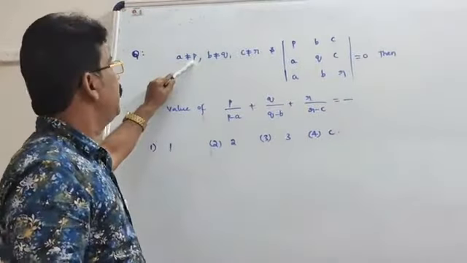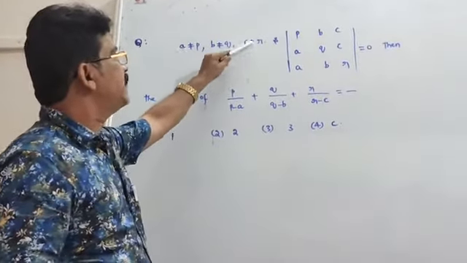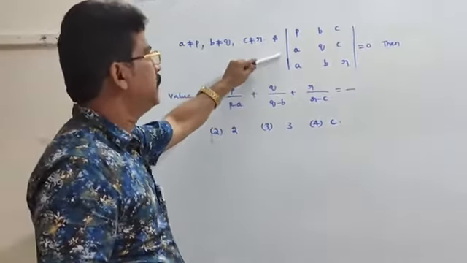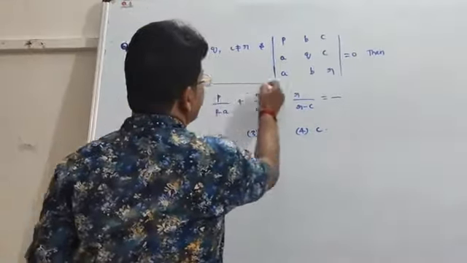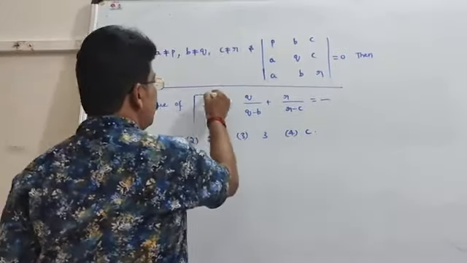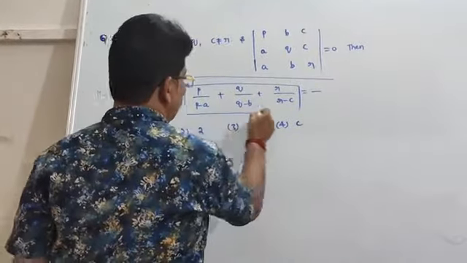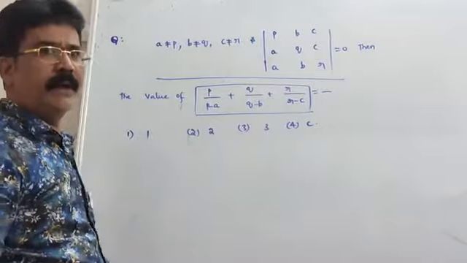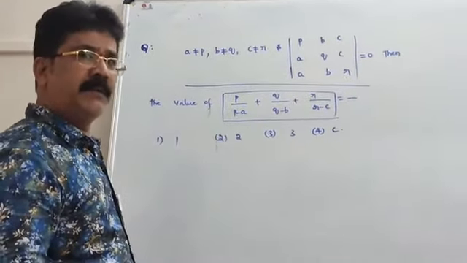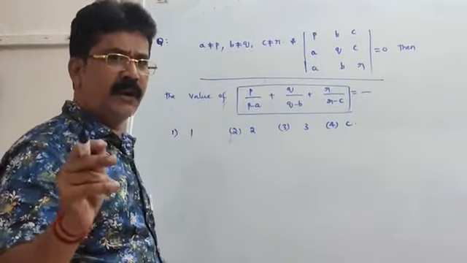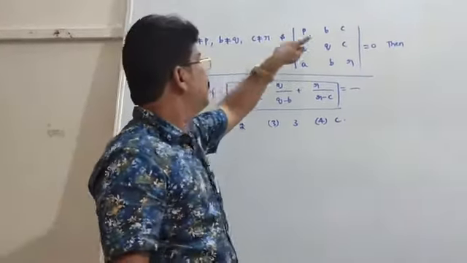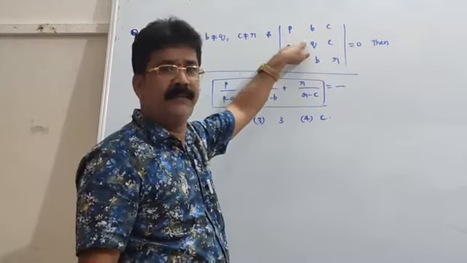A not equal to P, B not equal to Q, C not equal to R, and this determinant equal to 0. According to these conditions, find the value of the given expression. Okay, is it possible to find the values of A, B, C and P, Q, R so that these conditions are satisfied?